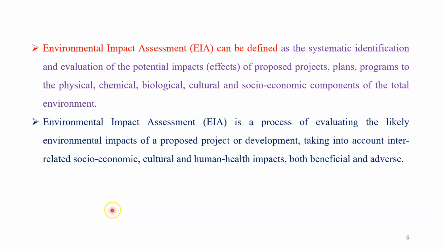Another definition: environmental impact assessment is a process of evaluating the likely environmental impact of a proposed project or development, taking into account interrelated socio-economic, cultural, and human health impacts, both beneficial and adverse. In this definition, one new thing is added, that is human health impact.